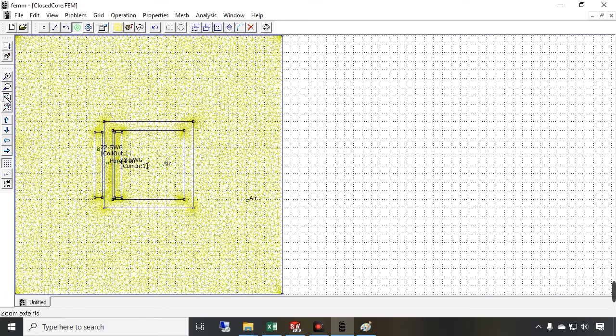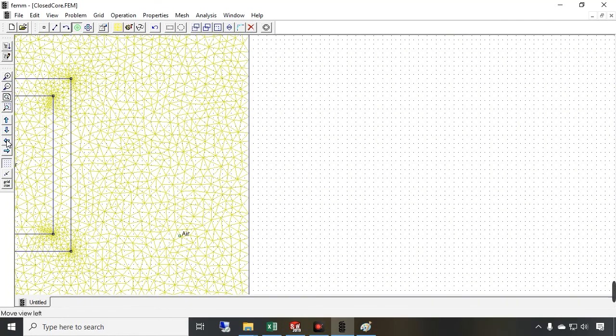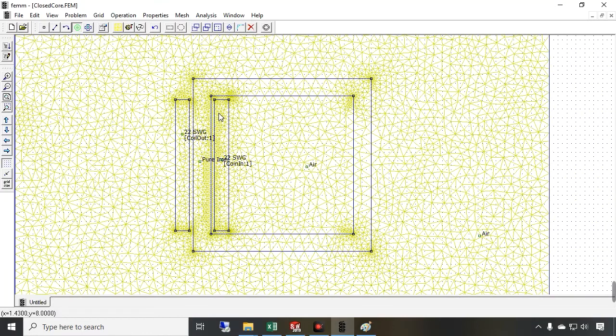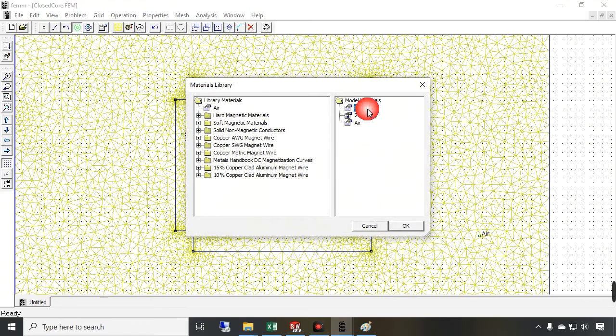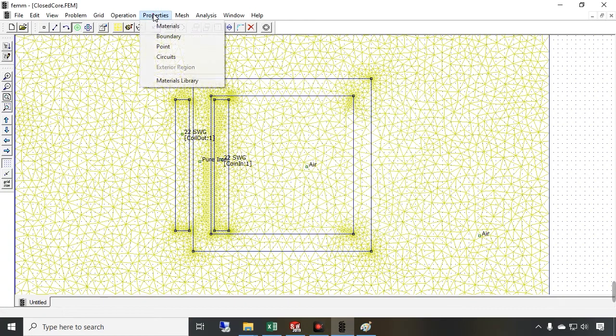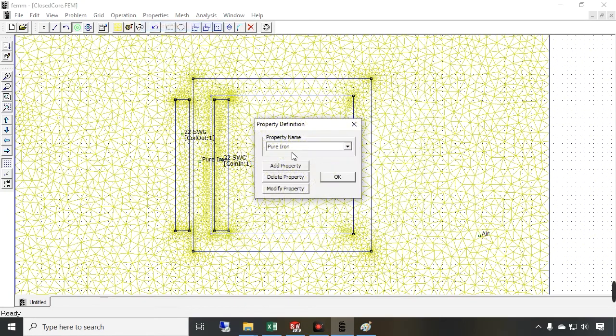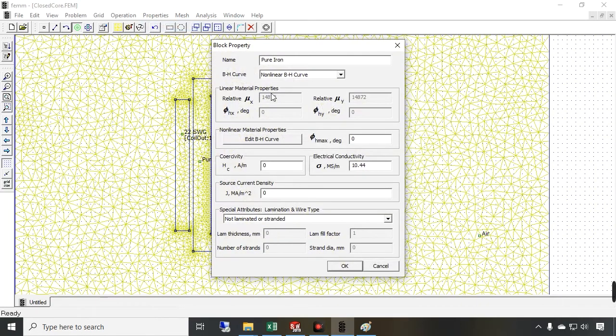But I am going to change some properties of the material, because I am going to solve this problem analytically. I am going to consider a linear magnetic property for the iron. So from here, properties, material library, pure iron. From here, materials, I select pure iron and modify its property.